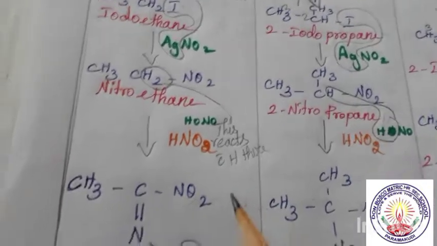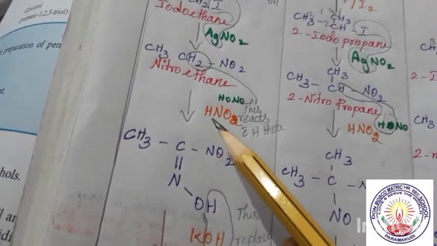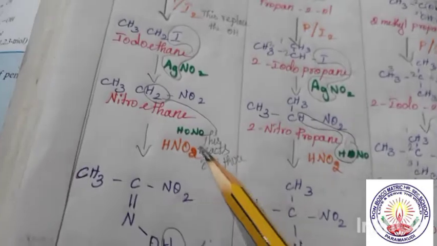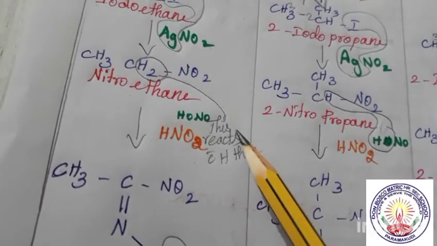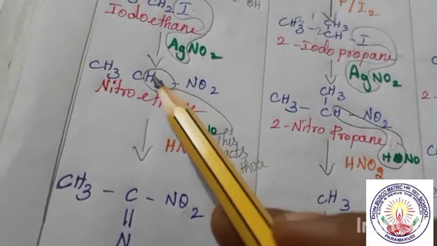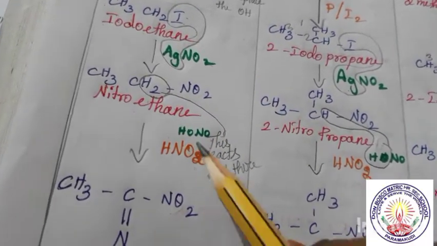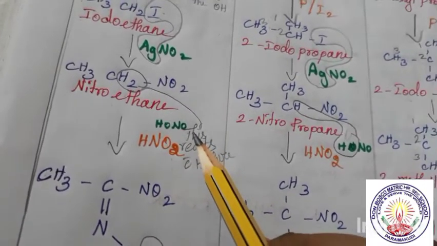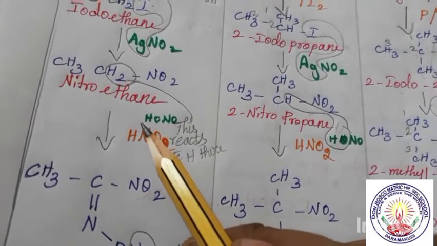In the fourth step, we are adding HNO2. This reacts with the hydrogen there. This NO2 we can write as HONO. We should not write the H in the middle, because H will have only a single bond.